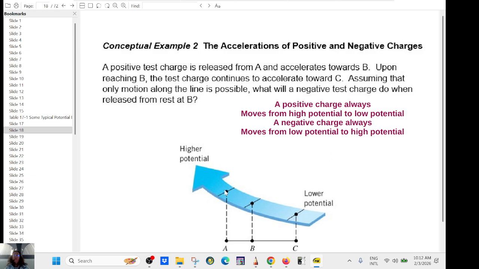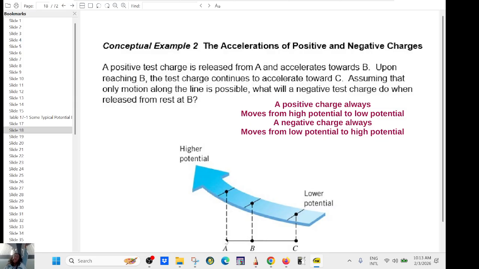Okay, something to remember: a positive charge wants to go from low potential to high potential. No, correct me. A positive charge wants to go from... it's like voltage is like altitude, right?